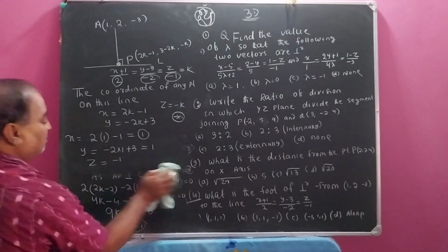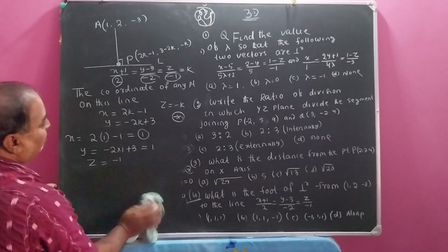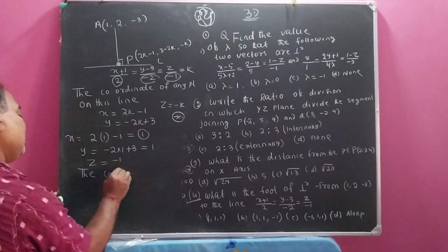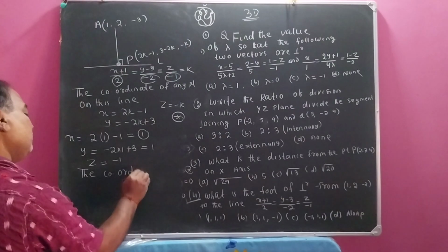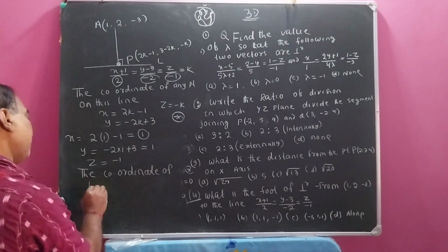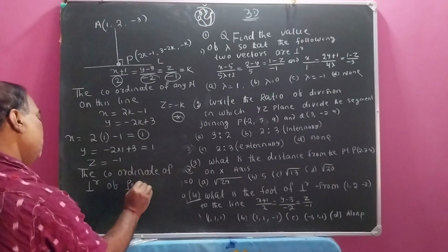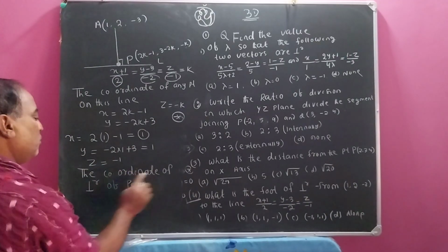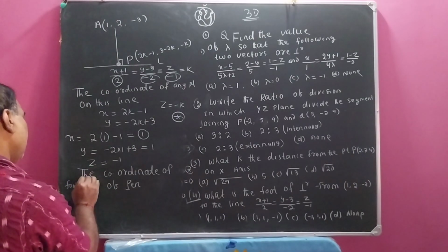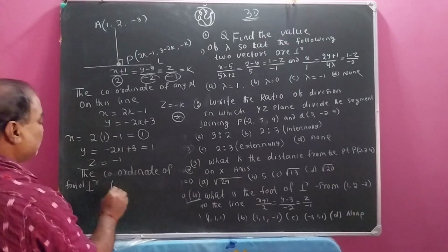So write down the coordinate of the foot of the perpendicular. The coordinate of the foot of the perpendicular is given by x, y, z.